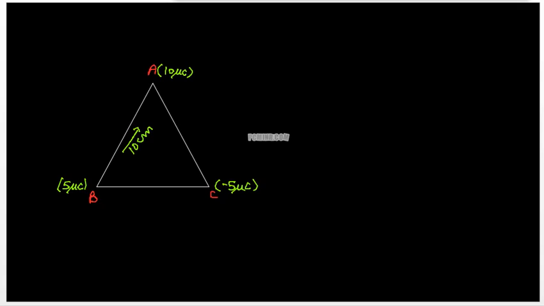So here we have the equilateral triangle ABC, and the charges are placed like this, that we have a 10 microcoulomb charge at A, a 5 microcoulomb charge at B and negative 5 microcoulomb charge at C. So the force that B would exert on A would be a repulsive force because both of them are positive charges.